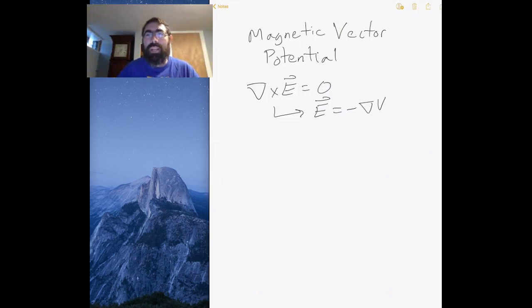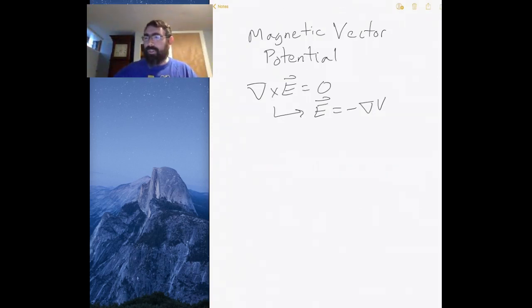And if you take the gradient of that potential times a minus sign, then you can actually calculate the electric field. So we found this very useful because using a scalar potential was a much easier problem to solve than the vector case with the electric field. And so we could solve for the electric potential, and then all we had to do was take the gradient of it, and then we were in business.